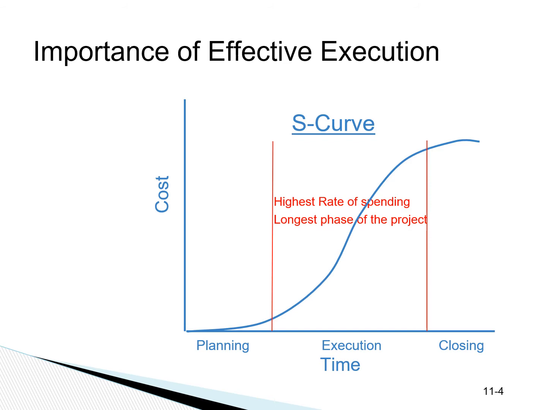As you can see, the amount of money spent during planning or during the closing phase of the project is minimal compared to the cost spent during the execution phase. That cost, depending on the project, can range anywhere from 70 to 90% of the overall project budget that is spent during execution.